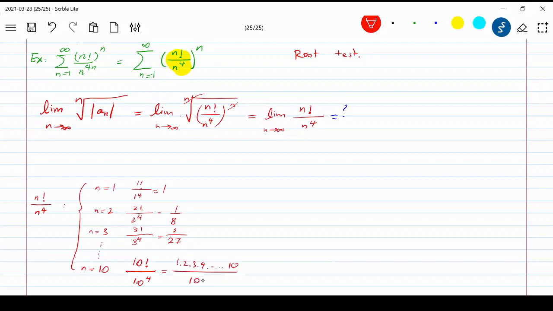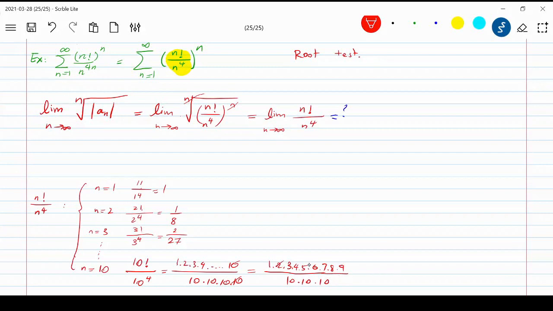The denominator would be simply 10 to the power 4, which means 10 times 10 times 10 times 10. You can cancel out one of these 10s. So you have three 10s in the denominator, and the product of 1 to 9: 1 times 2 times 3 times 4 times 5 times 6 times 7 times 8 times 9 divided by 10, 10, and 10. Ask yourself, is this number greater than 1 or less than 1?